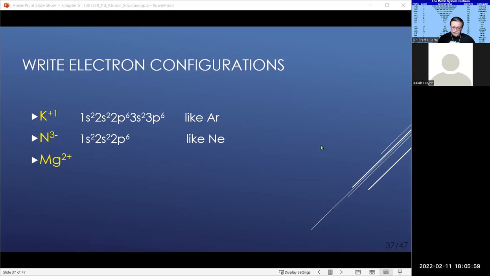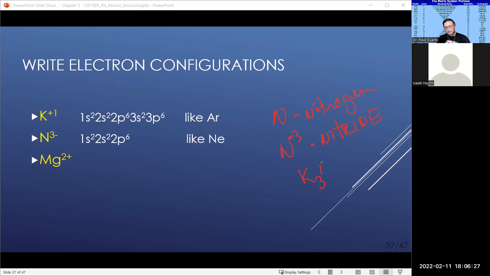Nitrogen gained 3 electrons, so now it becomes nitride. That's one takeaway from this. Before, when it was just N, it's simply nitrogen. Okay, that's the element. But when it gained 3 electrons, it becomes nitride. Okay, nitride. And for example, we're going to learn how to write formulas.